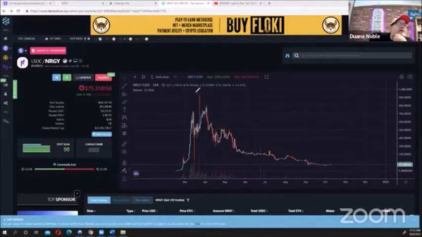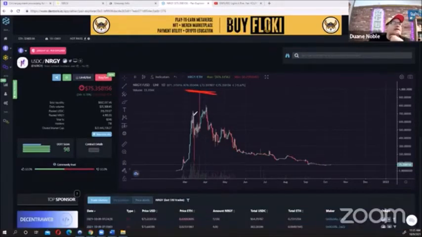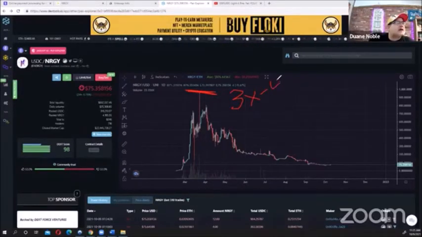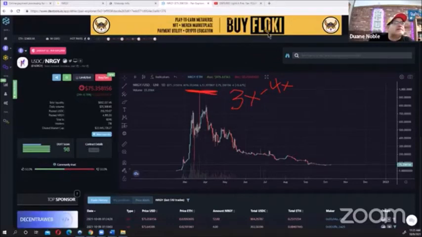But what typically happens is when a trade clears its previous all-time high, it typically goes up 3x to 4x. Sometimes it goes a little higher, but typically three to four times the previous high. Bitcoin we saw go up a lot higher.